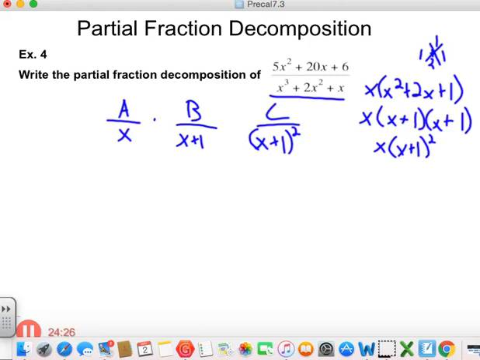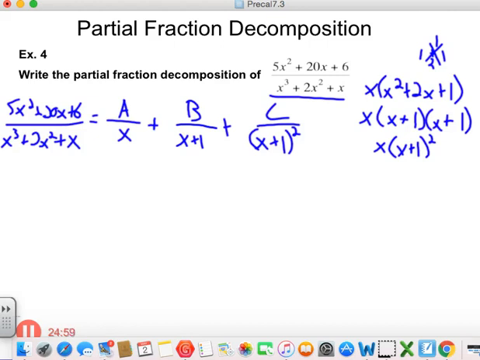Same idea though, and in the numerator I've got 5x squared plus 20x plus 6, and the bottom is x cubed plus 2x squared plus x. Now we've got to multiply the different fractions by the denominators that would be required to make the denominators the same.